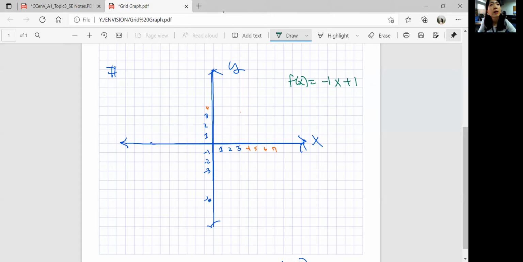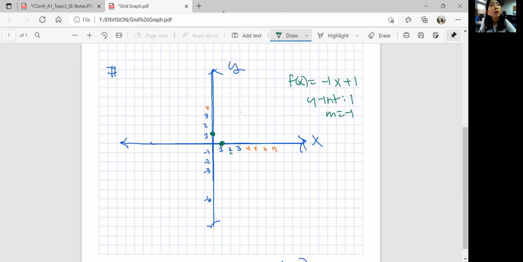So your y-intercept is 1, slope is -1. So you start with 1 here. And then you count your slope. -1, go down 1, and then over 1.